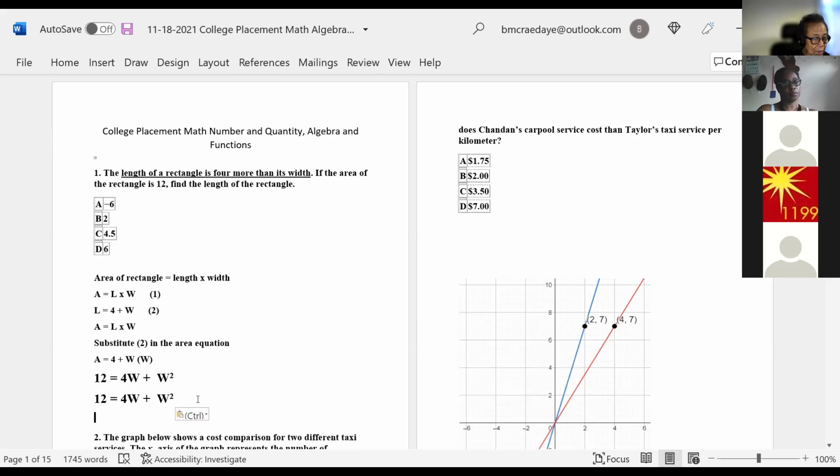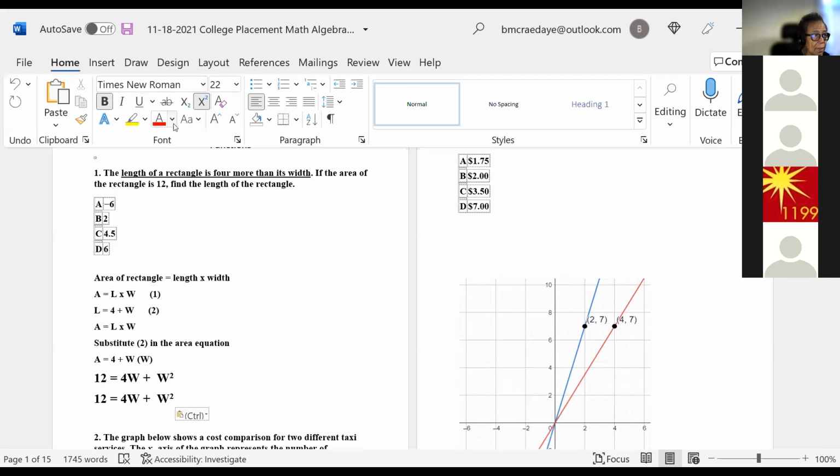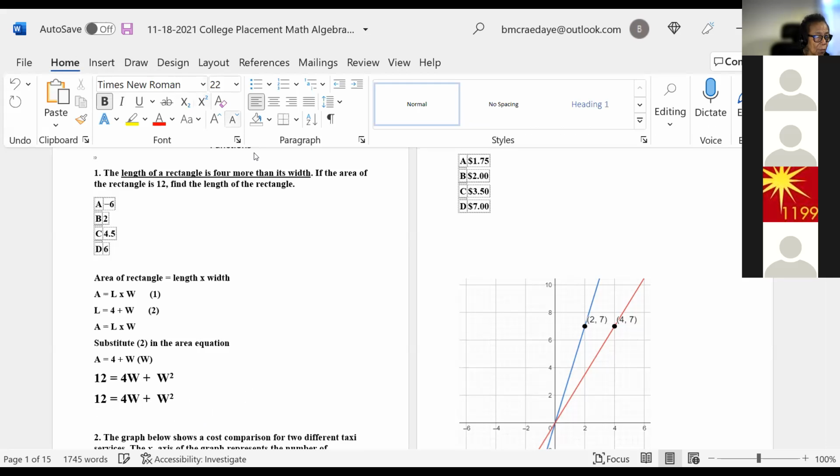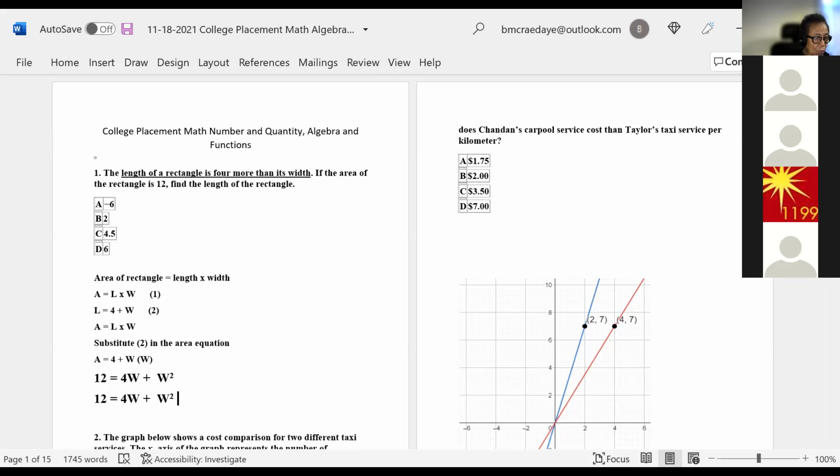This becomes W squared plus 4W minus 12, and this would be 0 on the left side, because I'm subtracting 12 from both sides, because I want to get this in the form of a quadratic.